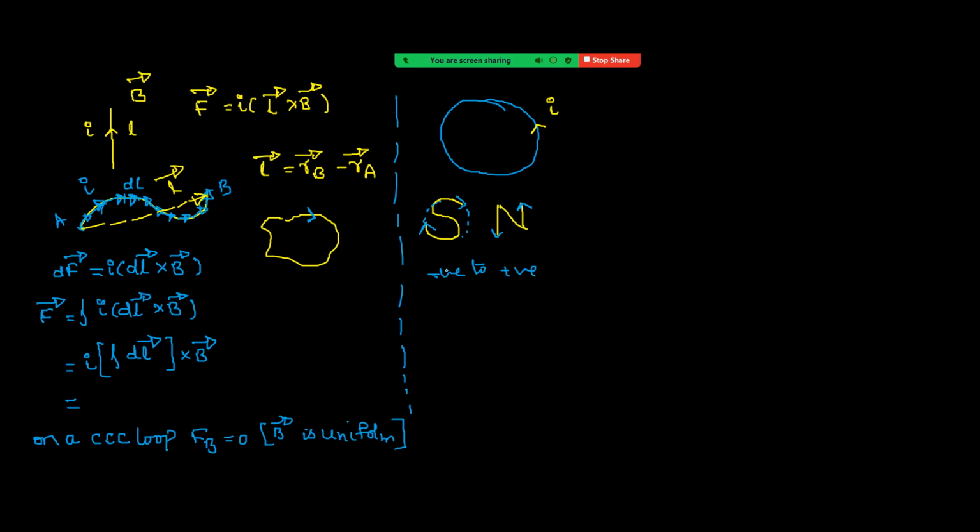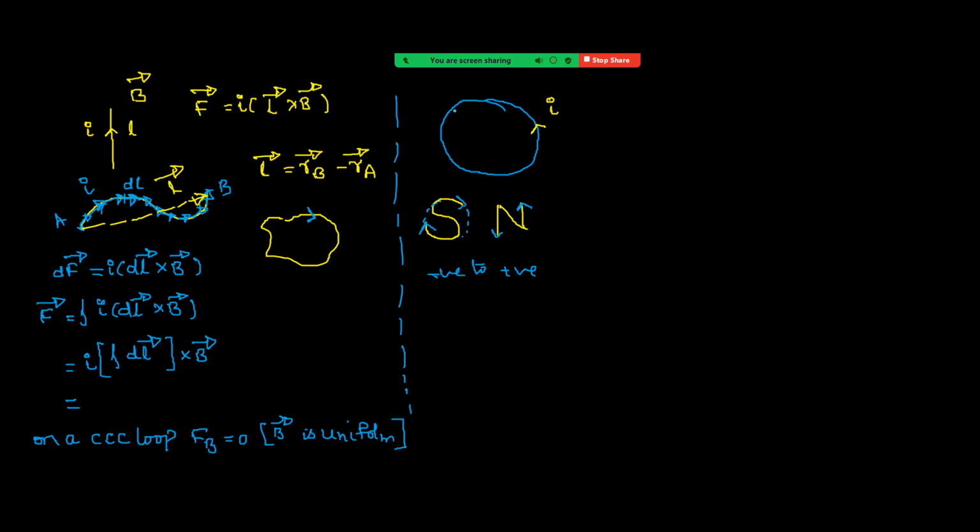So here what we are doing is taking south pole as negative charge and we compare north pole with positive charge. That means direction of magnetic dipole moment is from south to north. I am repeating. We compare north pole with positive charge, south pole with negative charge. So electric dipole moment direction is negative to positive charge. Magnetic dipole moment direction is south pole to north pole.